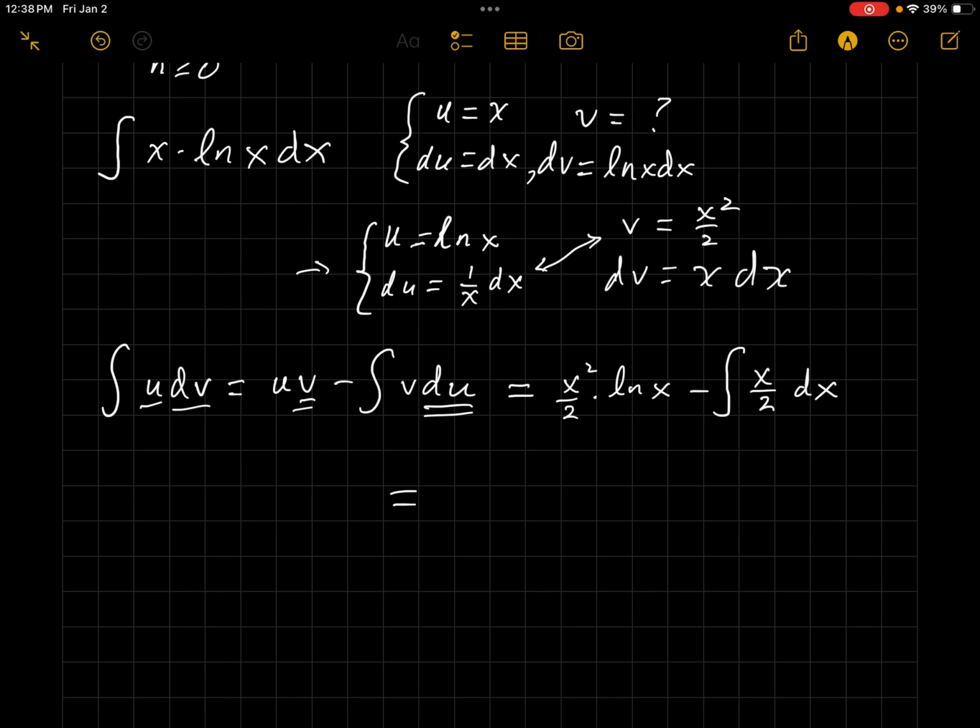Finishing this off, I would get the integral of x times natural log of x is x squared over 2 times the natural log of x, minus the integral of 1/2 x, which is going to be x squared over 4. And at this point, we can put the plus c.